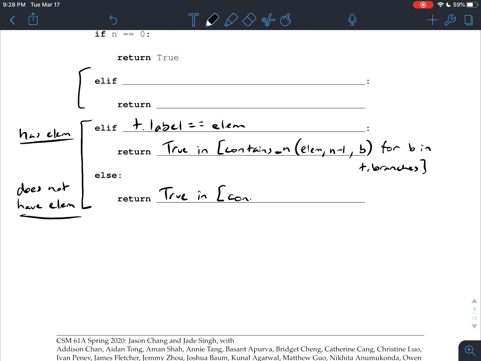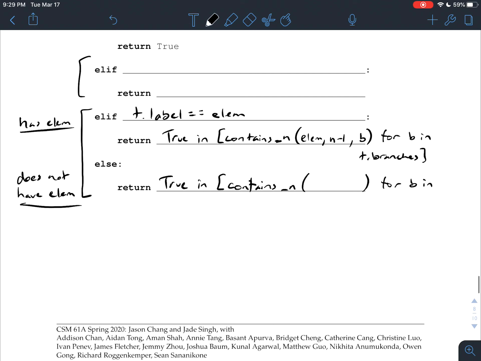So we would once again write the same thing, with the one difference being that we don't decrement n, because we did not find one, so we still need to find n more instances.